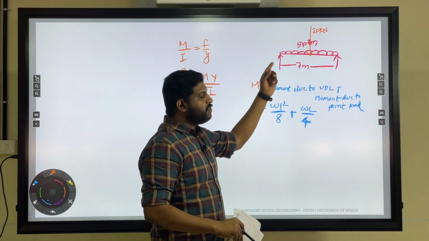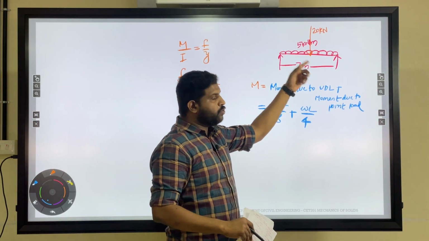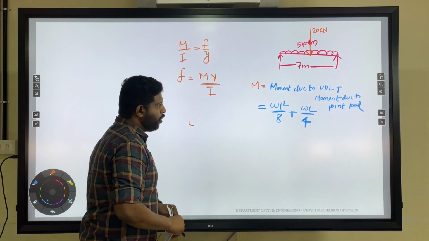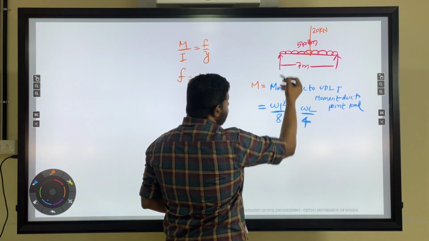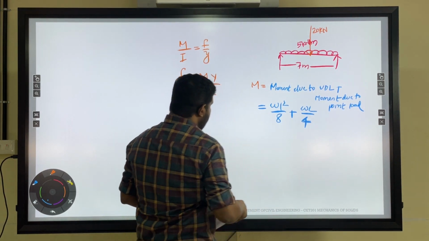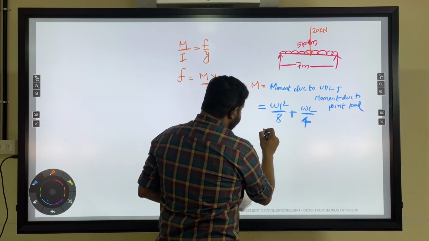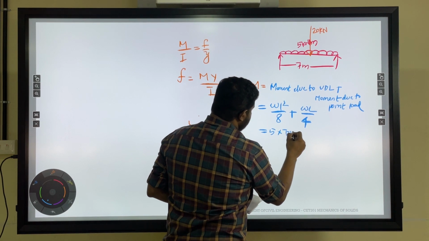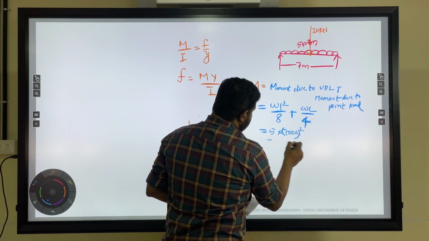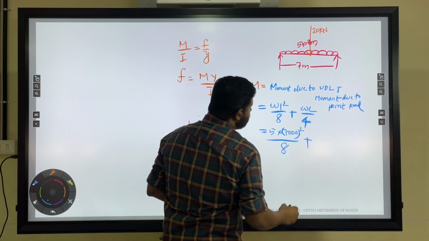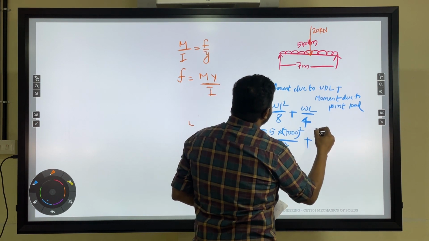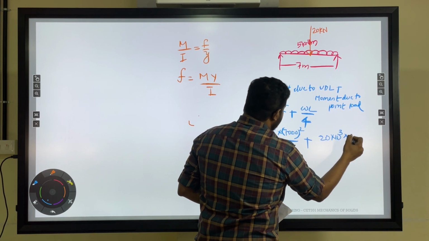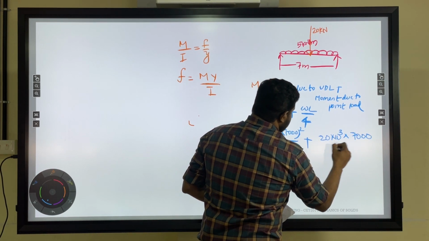So this is the difference in this question compared with the previous one. In the previous question there was only one kind of loading, here we have two different loadings. So M will be given by the total moment due to UDL and point load. On substituting the values, 5 into 7000 mm squared divided by 8 plus WL/4, with W as 20 kilonewton, 20 into 10³ into 7000 divided by 4.